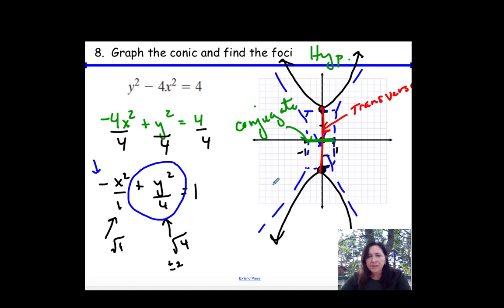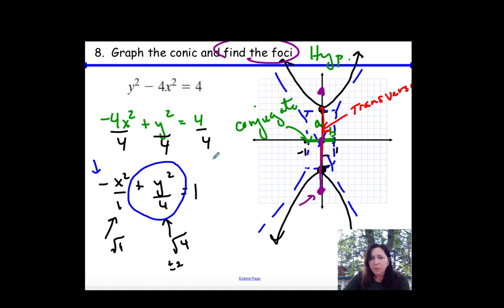So let's see, what else do we know? We know this value from here to here is our a value because it's the positive one. We know this value going across is my b value, and my c value is the value that goes from my center to my focal point. I need to know where that is, because the question is to find the focal points.